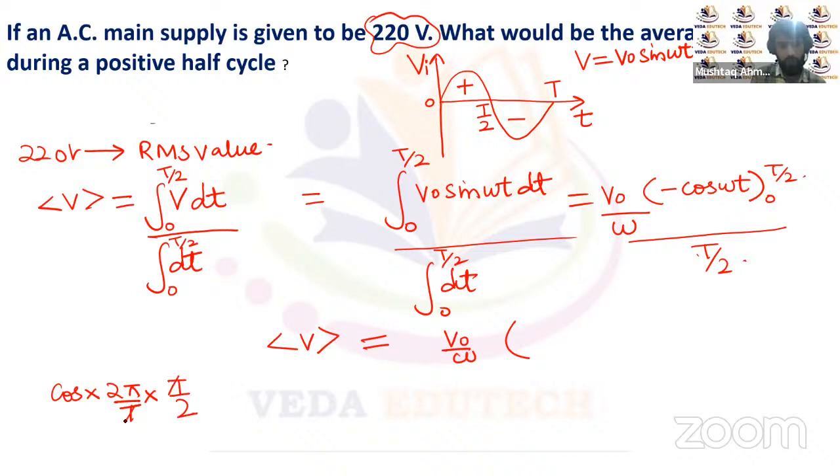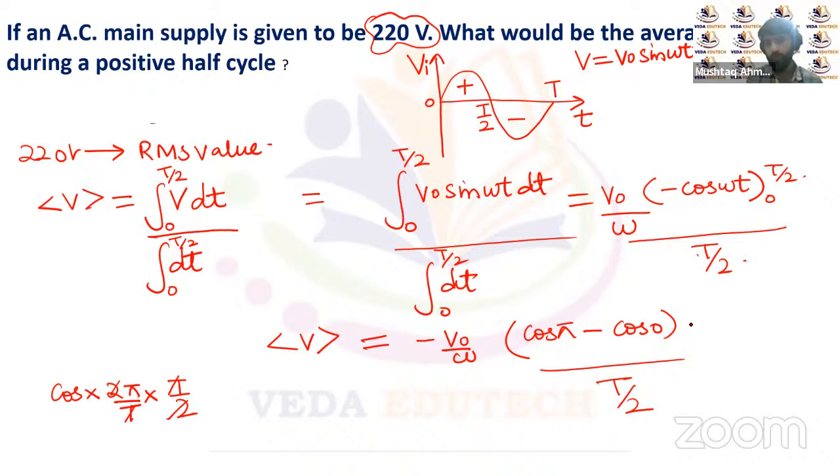From here T and T get cancelled, 2 and 2 get cancelled, and we're left with only cos of pi, which is minus 1. Taking the negative sign outside, it will be cos of pi minus cos of 0, upon half of the time period, T upon 2. Cos of pi is minus 1 and cos of 0 is 1, so minus 1 minus 1 is minus 2, multiplied by the negative sign, it will be plus 2.